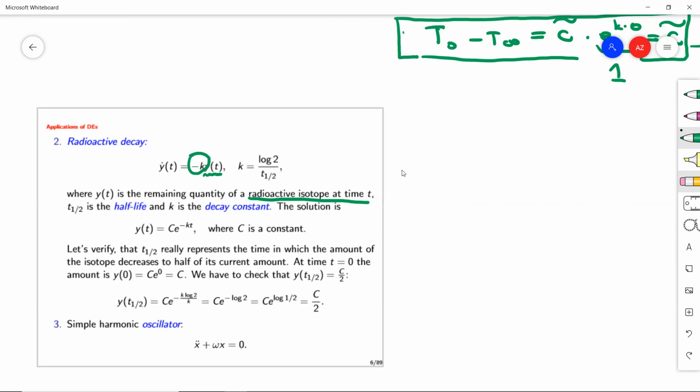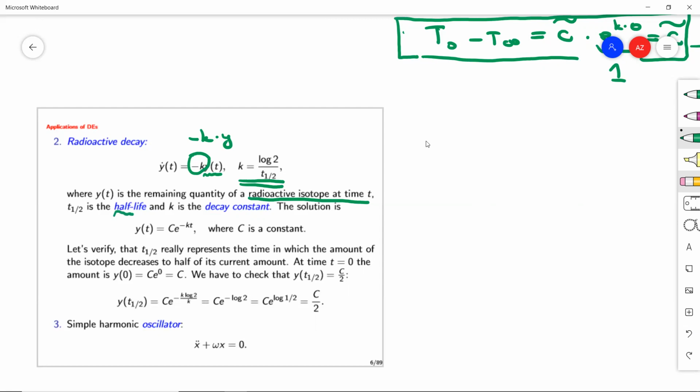But here k is positive, and since we want to stick to the case that k is positive, we write minus ky. And this k is exactly the logarithm of 2 over the half-life. And we will check that this half-life really has a meaning which is suggested by the name.